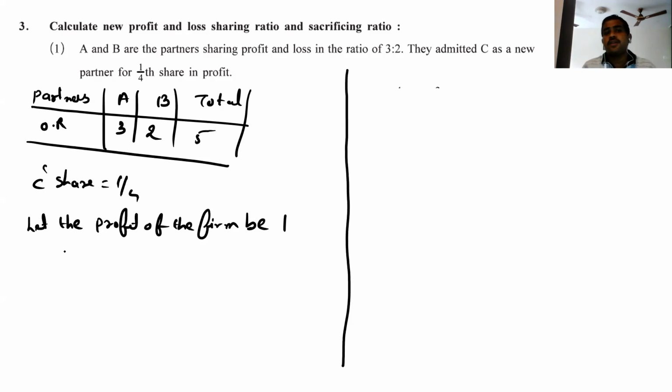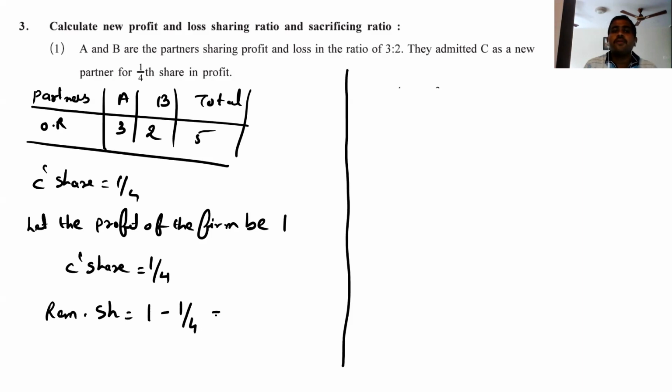Now, from that, we first give C's share, which is 1/4. Then the remaining share is 1 minus 1/4, so it comes to 3/4.